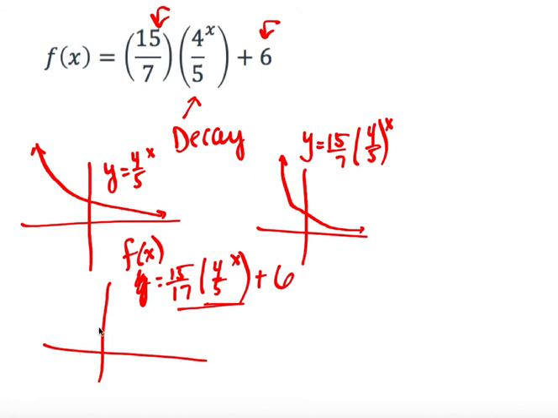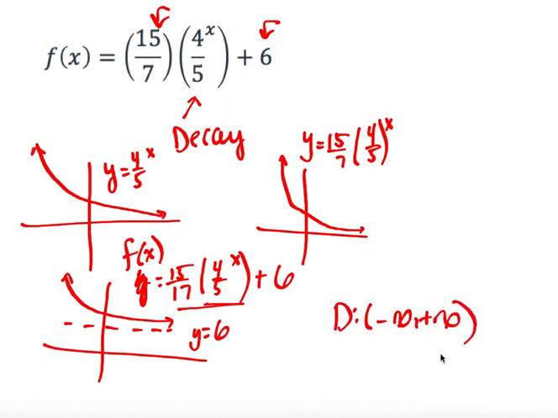So instead of y equals 0, y equals 6 would be your asymptote, and the function would look this way. So domain -infinity to +infinity, and the range would be, we don't have smaller y values, 6 is the smallest it bumps up against. It doesn't include 6, and it goes to +infinity.